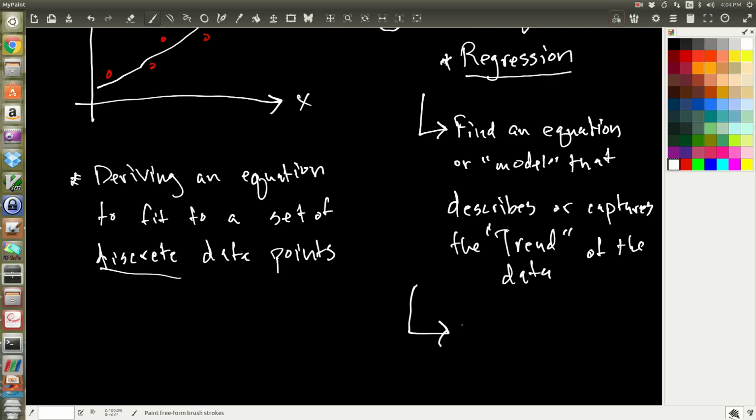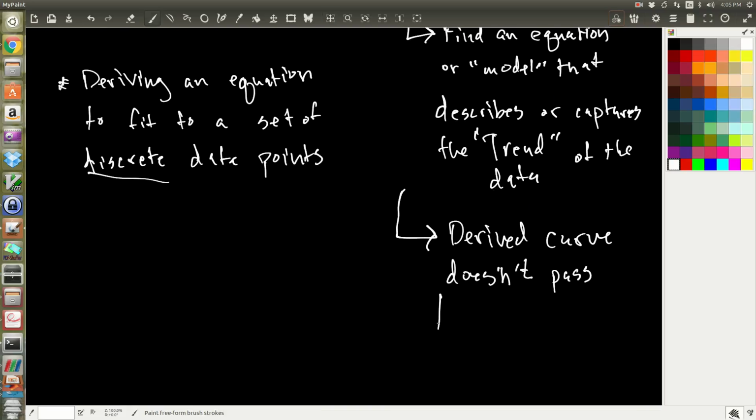The derived curve doesn't pass through all or any of the data points.